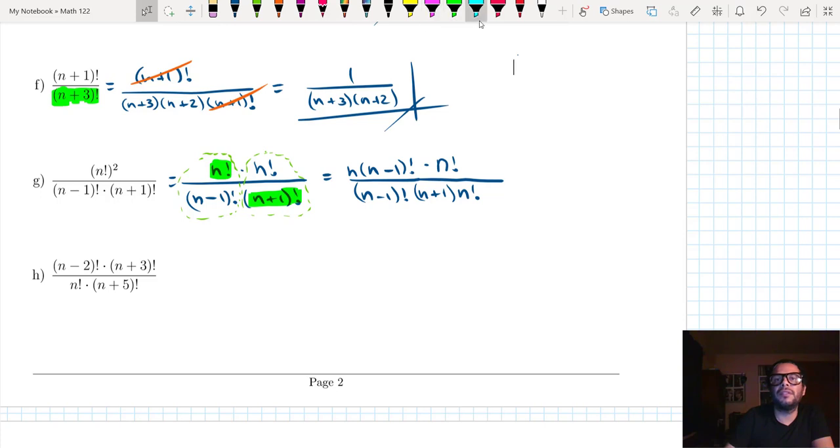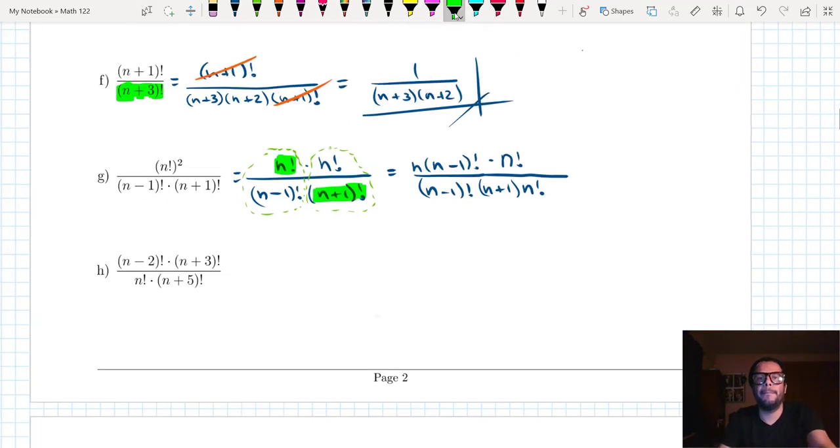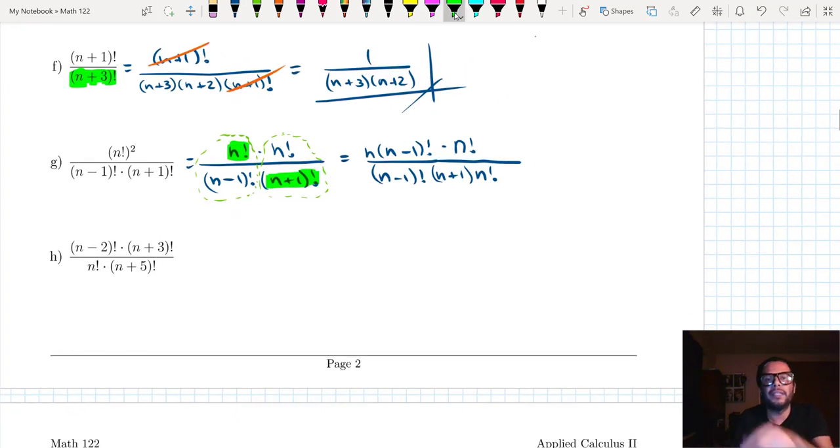So now it's time to divide out common factors. This guy, that guy, that guy. And we are left with n divided by n plus 1.